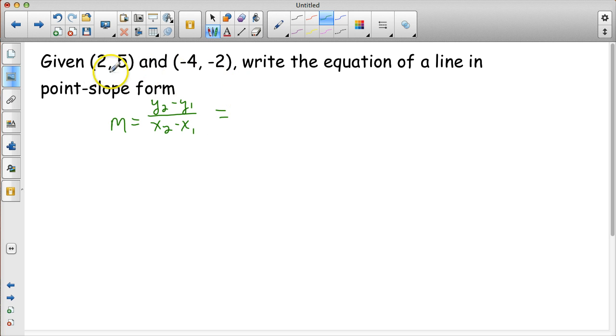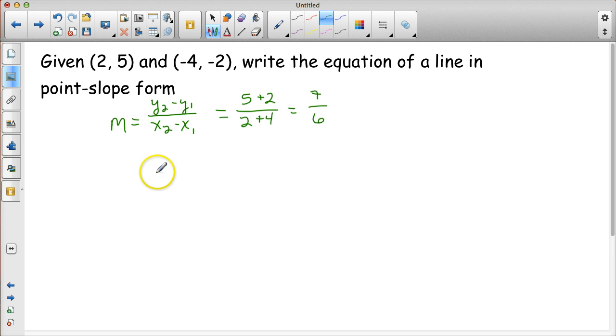We could say that this is x2, y2, and this is x1, y1, or we could do it the other way around. I'm going to do 5 minus -2, which is 5 plus 2, over 2 minus -4, which is 2 plus 4. 5 plus 2 is 7, 2 plus 4 is 6. So the slope of my line is 7/6.